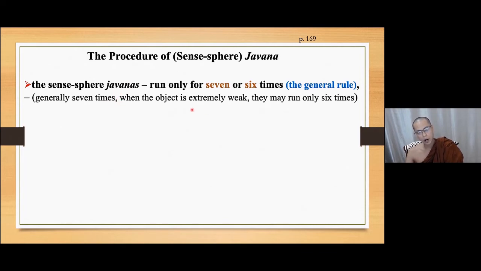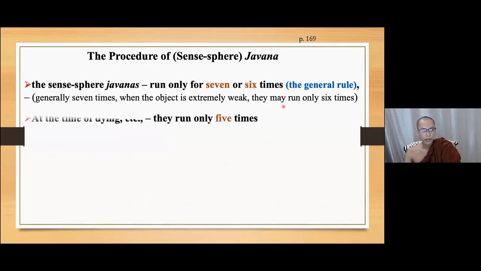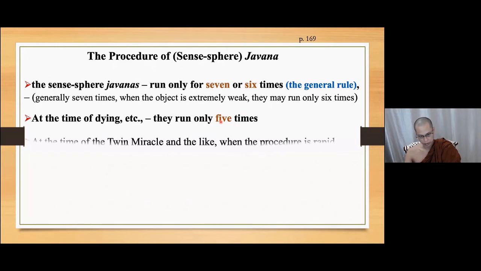When the object is extremely weak, very slight, even though the javana arises, it can be six times, so not only seven times. Near the moment of death, the mind becomes weak, and at the time of dying, the javana in that process runs for five times.